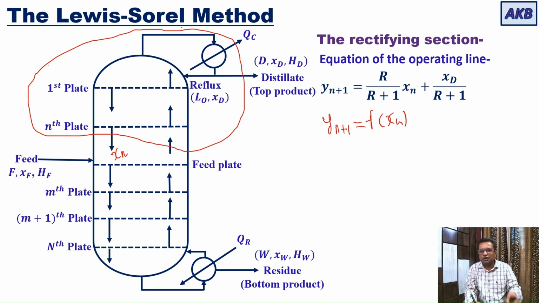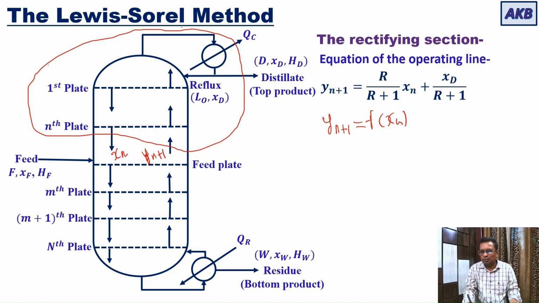The stream that is coming to the nth plate is coming from the (n+1)th plate, so y_{n+1} will be associated with this stream. So the equation of the operating line gives a relationship between the vapor that is coming to a plate and the liquid that is leaving the plate.